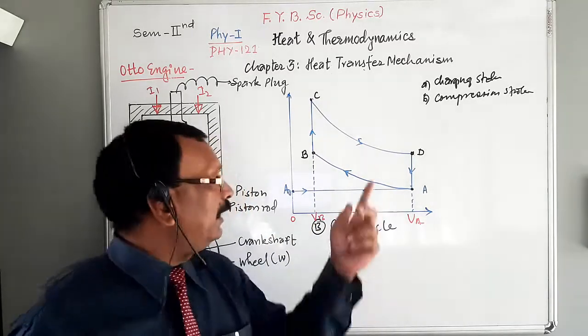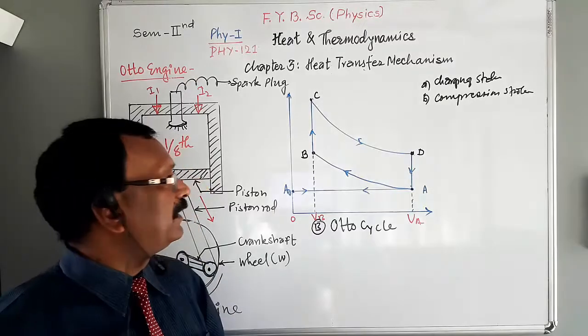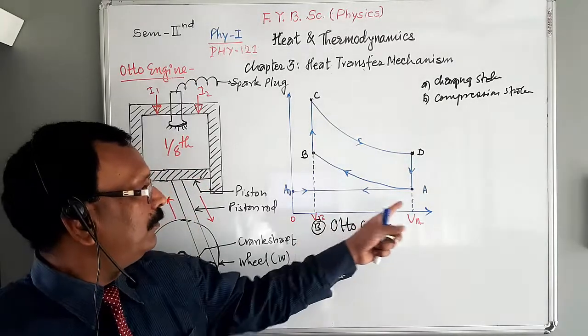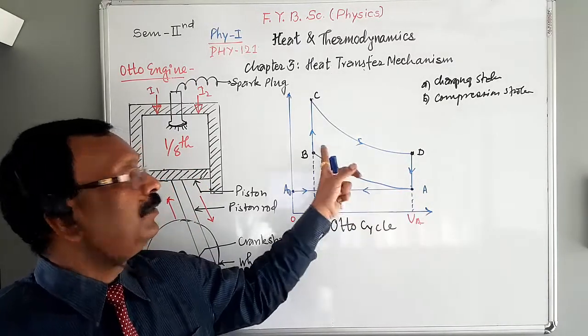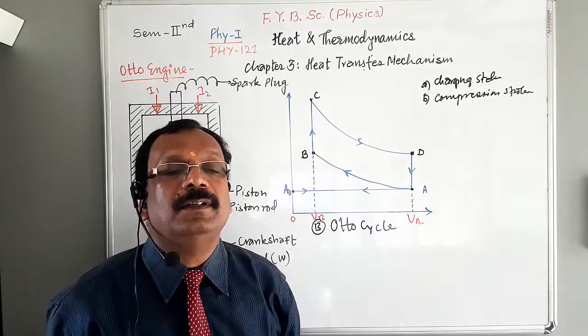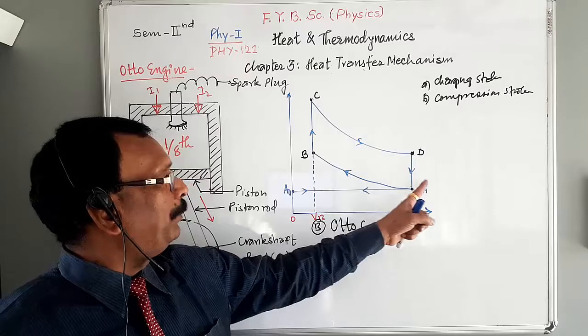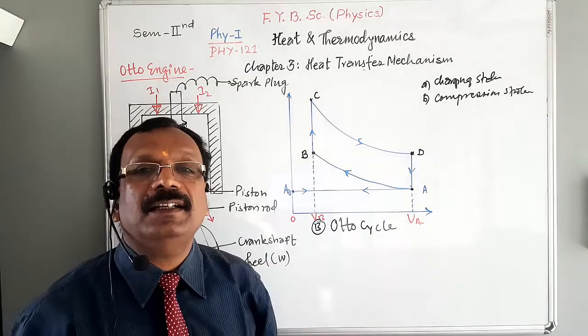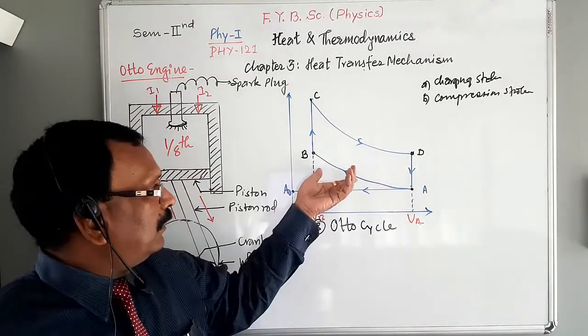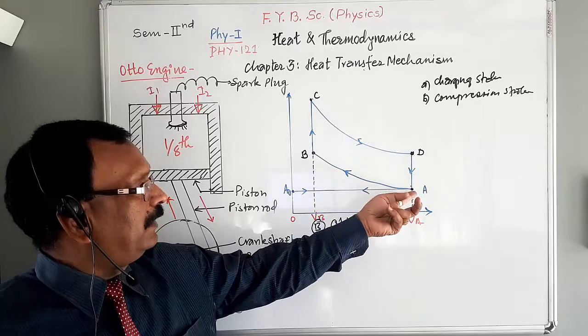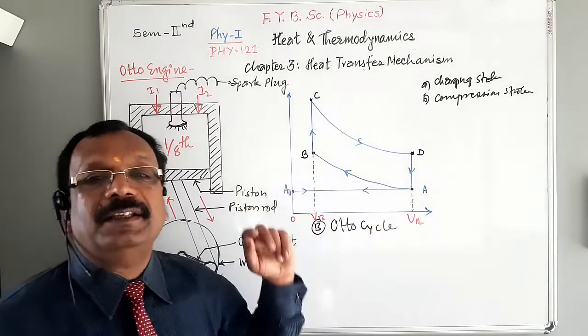Consequently, the temperature of the gas increases from Ta to Tb, and the pressure also increases from Pa to Pb. As there is adiabatic compression, this is represented by the curve AB.